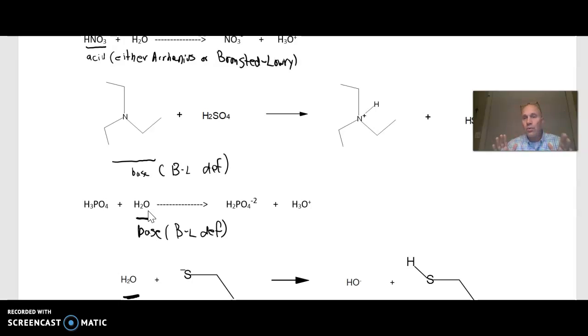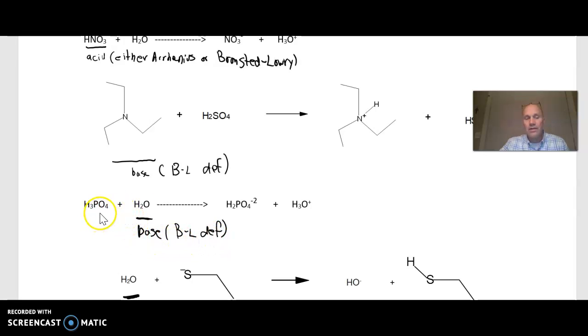Pure water all by itself is neutral, but if you add water and put it in the presence of an acid, it's going to act as a base. So notice that we're saying it's acting as a base in this reaction, and it does that according to the Bronsted-Lowry definition.